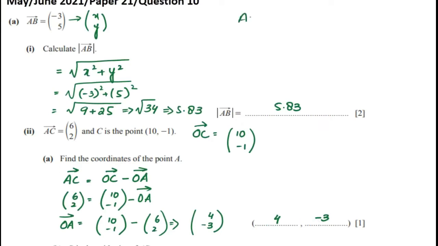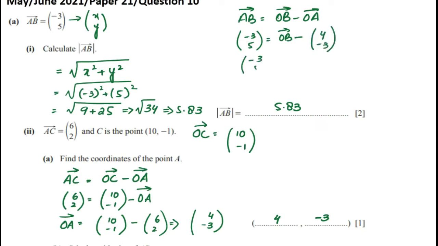So if we write in terms of position vector, AB is equal to OB minus OA, so we can get the coordinates of B. So AB, (-3, 5), is equal to OB, which we have to find, minus OA, which we have got as (4, -3). Now when we shift it on the left hand side, (-3, 5) plus (4, -3), we will get the coordinates of OB.